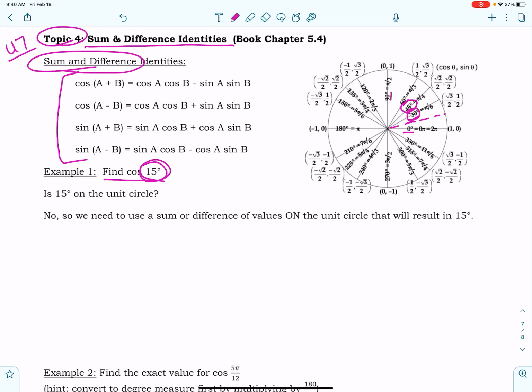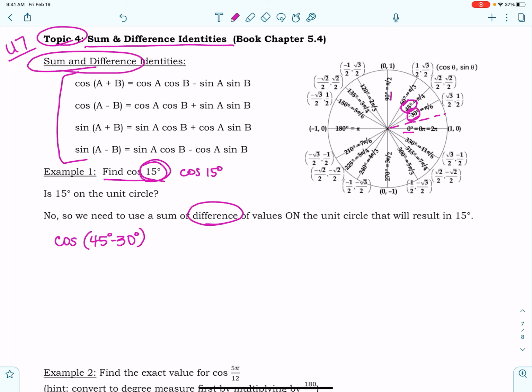So I'm going to use a difference of 45 degrees and 30, because those values do occur on the unit circle. So what I'm doing is I'm using cosine of 45 minus 30 degrees, because that's another way of writing cosine of 15 degrees. So basically I'm rewriting cosine of 15 degrees with values that occur on the unit circle.